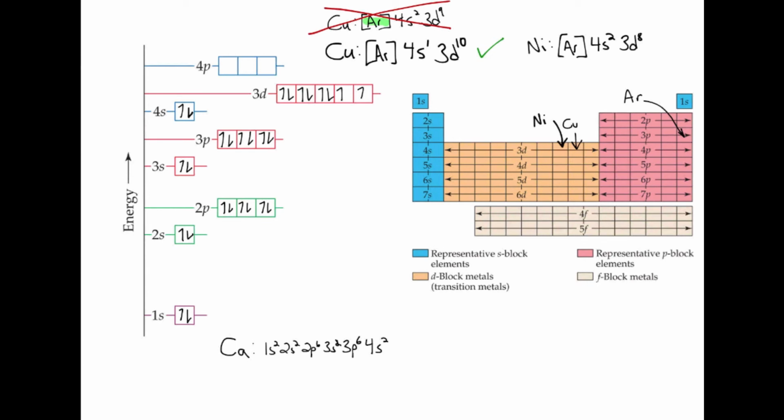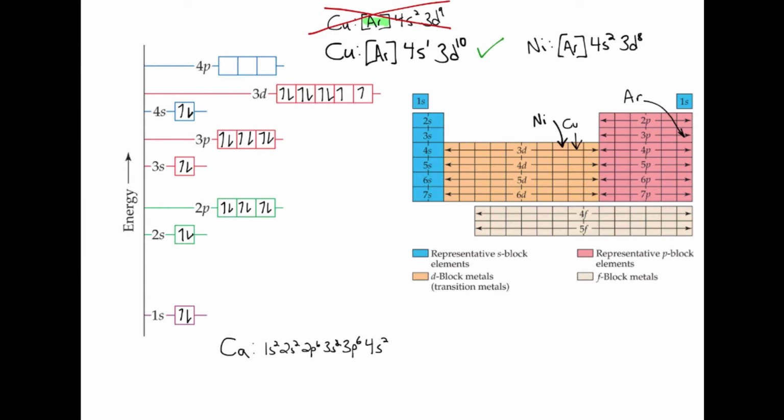Now let's take a look at this. A common question that students would have is, if it's so good to fill the 3d set, can I take one of these electrons and place it here, and one of these other electrons and theoretically spin flip it and place it here, such that I have a full set of d's and none in the 4s?